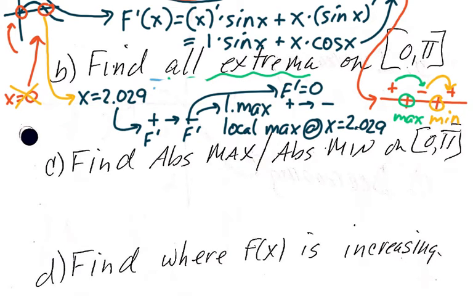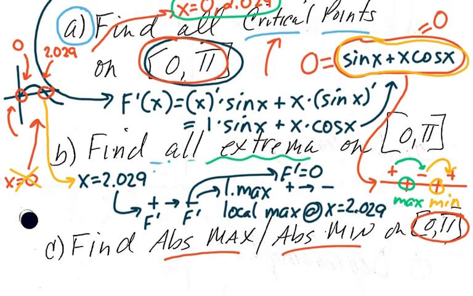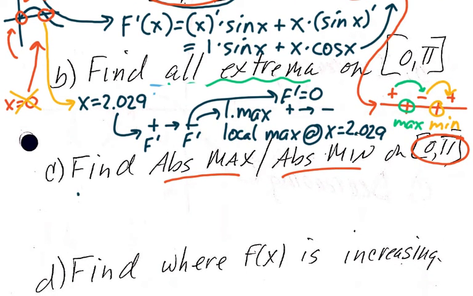All right, off to part C. Now we want to find the absolute max and absolute min. And again, we're going from 0 to pi. If we were doing this algebraically, again, we try to find our critical values first, or she calls them critical points. So what you do here is you take your critical points, which we said here were x equals 0 and x equals 2.029.